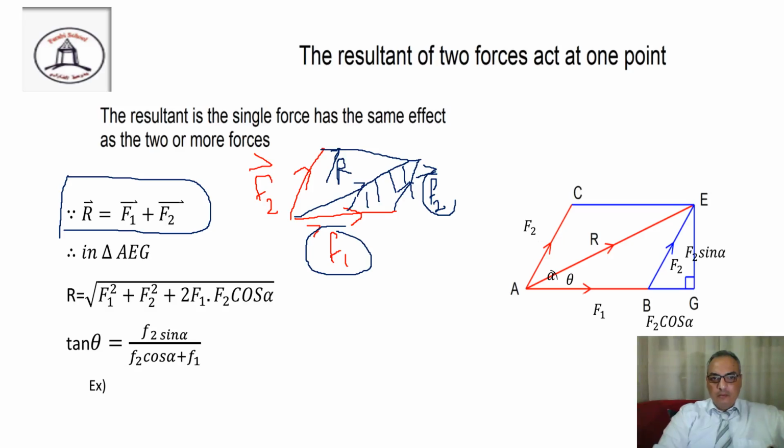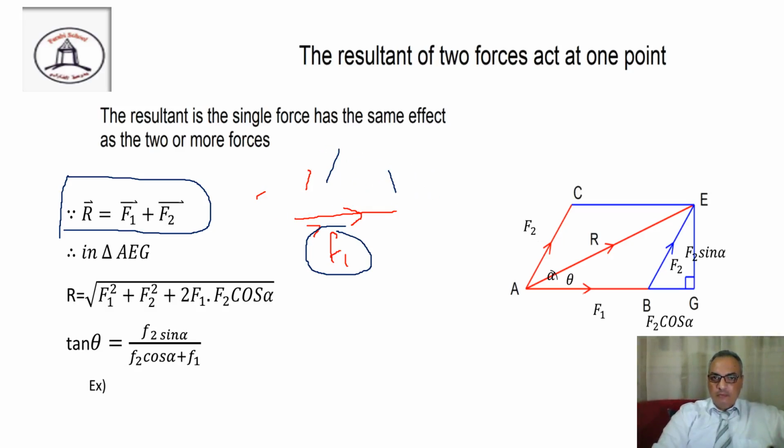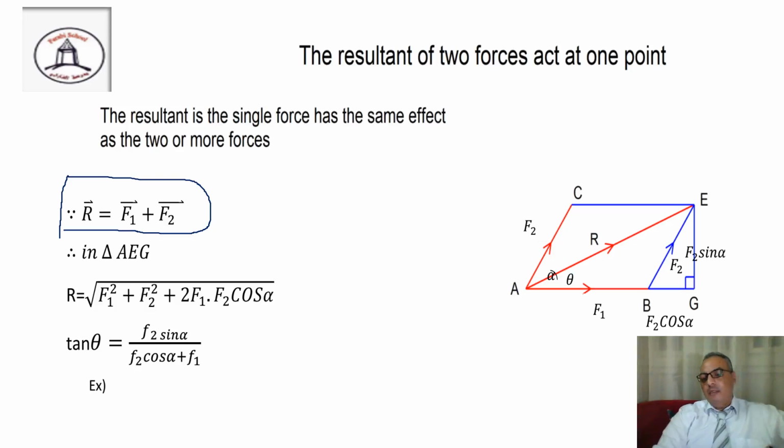Now try to derive the magnitude of the resultant. In the opposite figure, ABEC is a parallelogram. F1 acts along side AB, F2 acts along side AC, and AE, R, is the resultant acting at A in this direction.